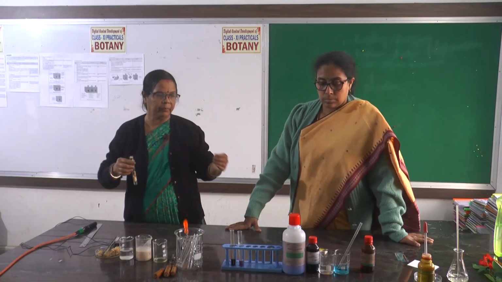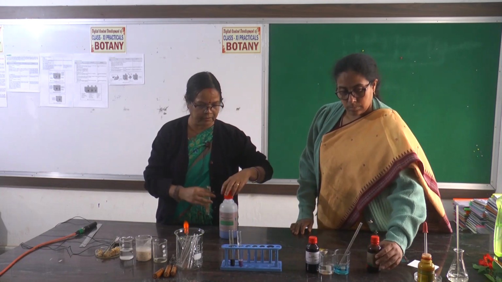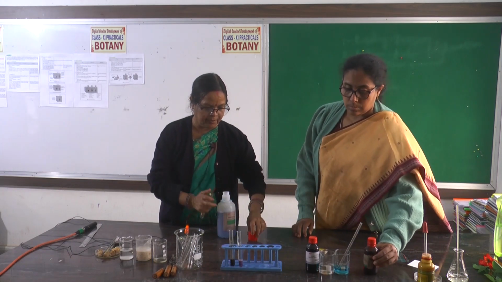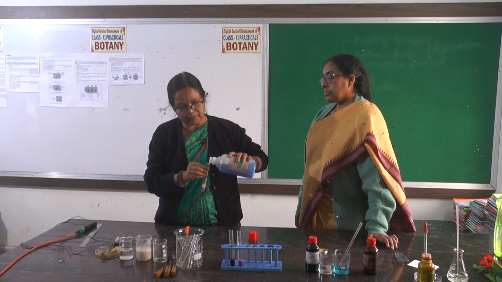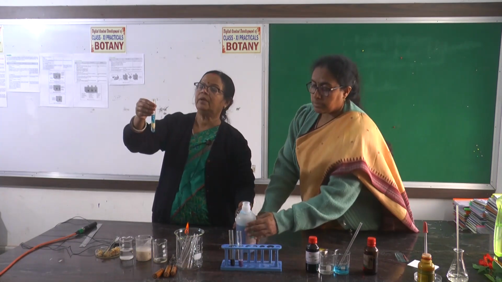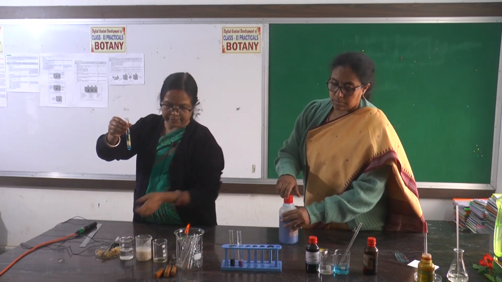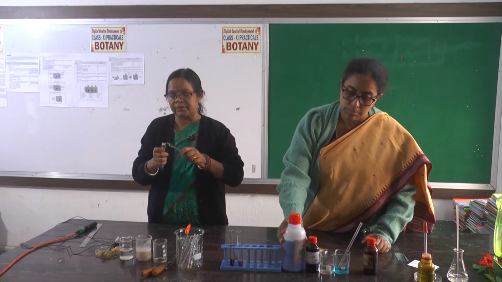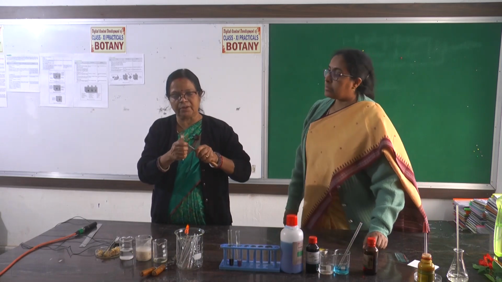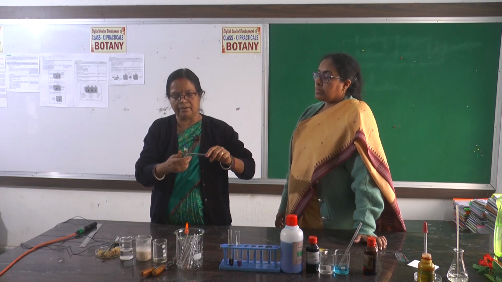Next, you have to add Benedict's solution. Take 4 to 5 drops of Benedict's solution. The color of Benedict's solution is blue. Glucose is a reducing sugar, so it reduces cupric to cuprous. That's why this blue color, when heated, will convert to brick red color.